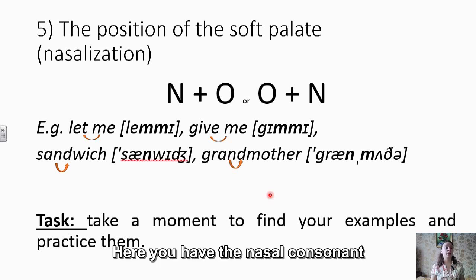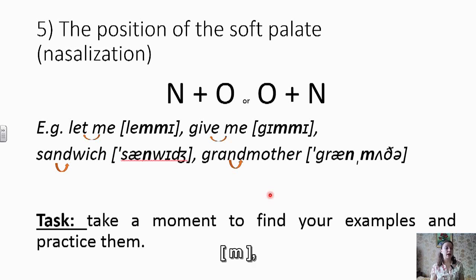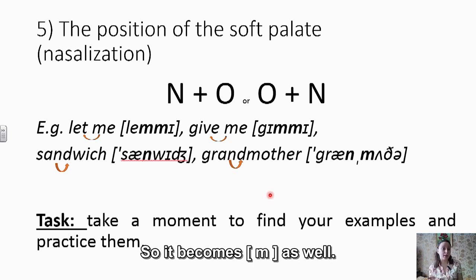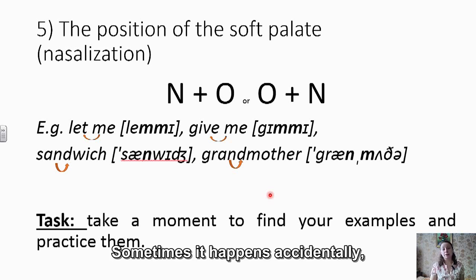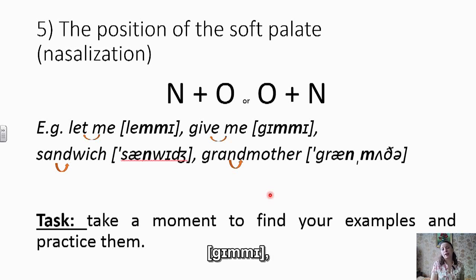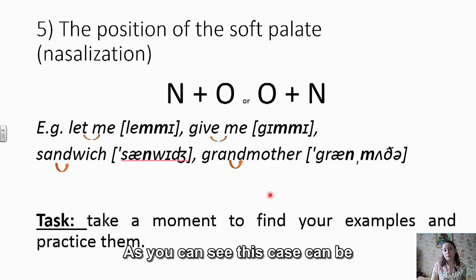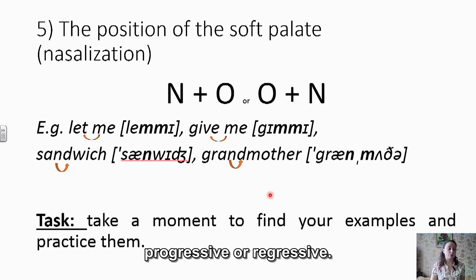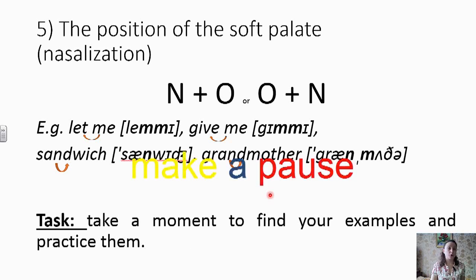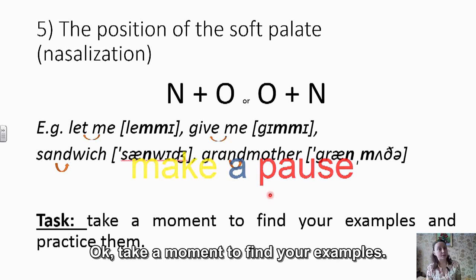Here you have the nasal consonant m, and it influences the preceding consonant t. And t is oral, so it becomes m as well. Sometimes it happens accidentally. Or gimme, sandwich, grandmother. As you can see, this case can be progressive or regressive. Okay, take a moment to find your examples.